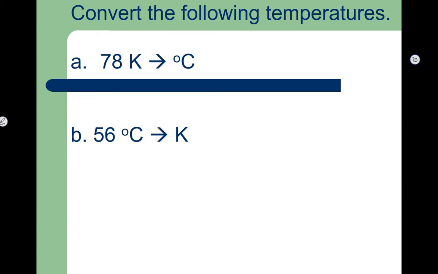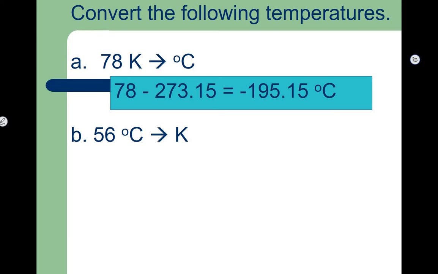Okay, so let's convert these really fast. See how fast you can convert them. 78 degrees Kelvin to Celsius. First one to get it, raise your hand. See if you got it right. Okay, what is it? Good.